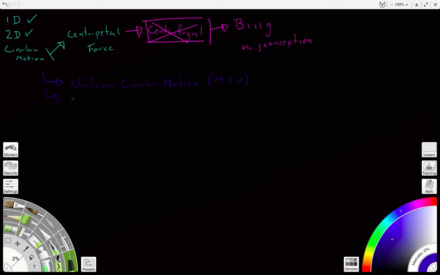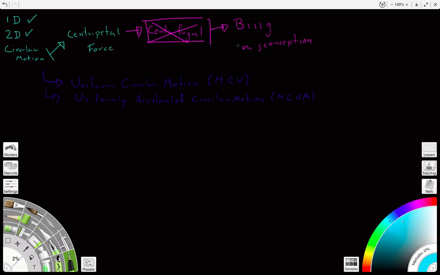And we have uniformly accelerated circular motion, which is movimiento circular uniformemente acelerado. These two types of motion.